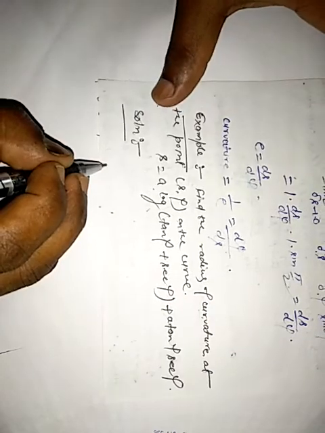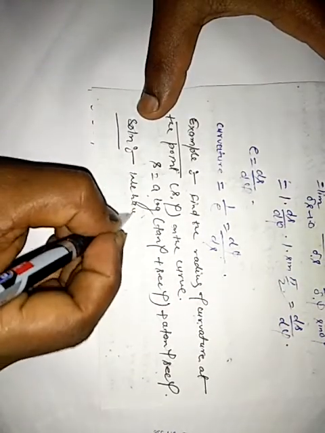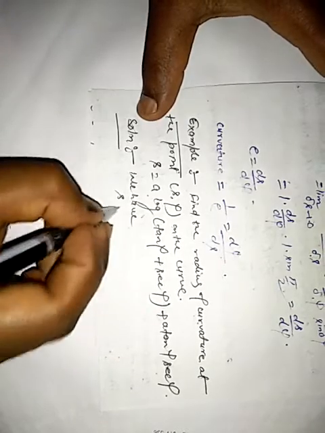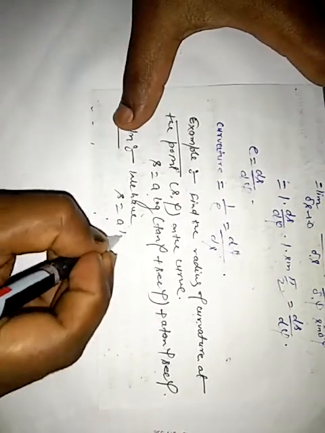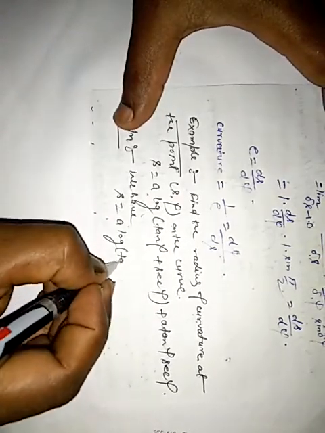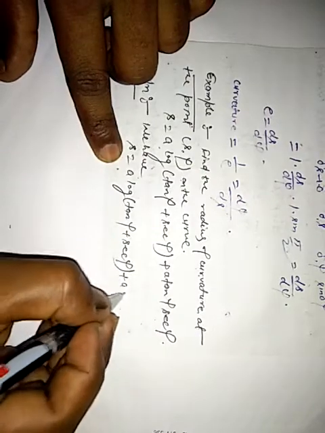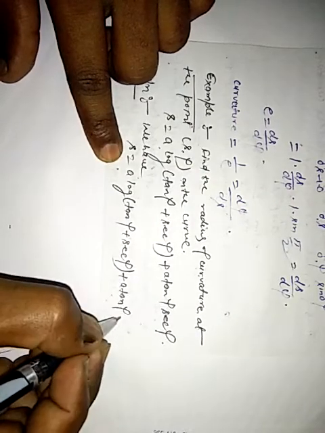Rho means ds upon d psi. We have s equal to a log of tan psi plus sec psi, plus a tan psi into sec psi.